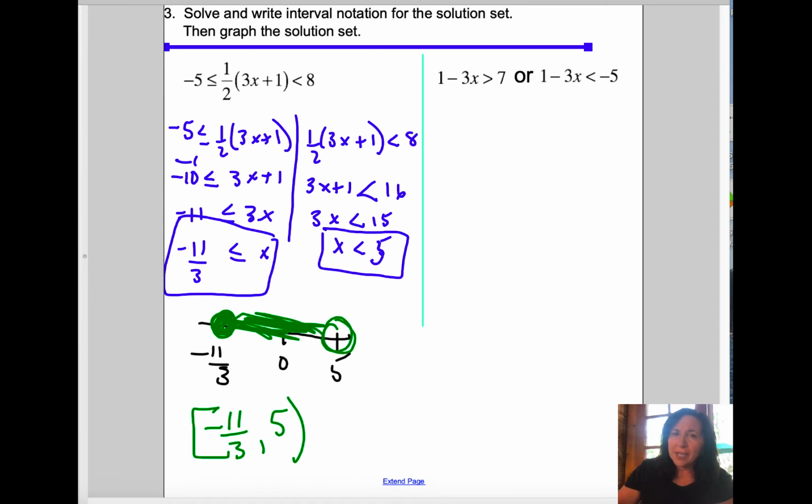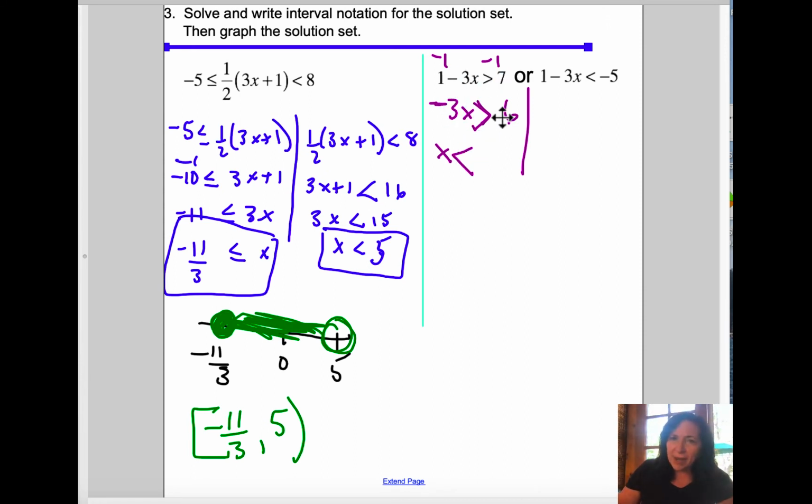For this problem here, again, two problems, right? I'm going to split these up. For this one, I'm going to subtract 1, so I get -3x is greater than, if I subtract 1 from both sides, 7 minus 1 is 6. When I divide by -3, though, remember this negative sign is saying the opposite of greater than. So the opposite of greater than is going to be less than. Remember, that has to switch.